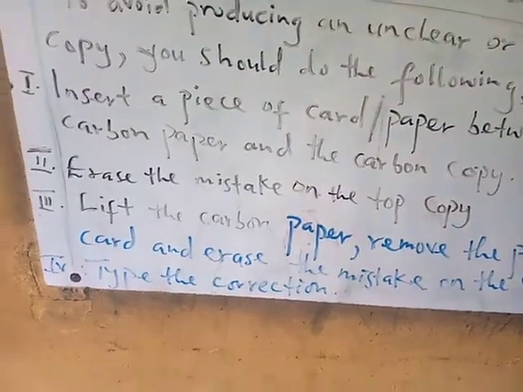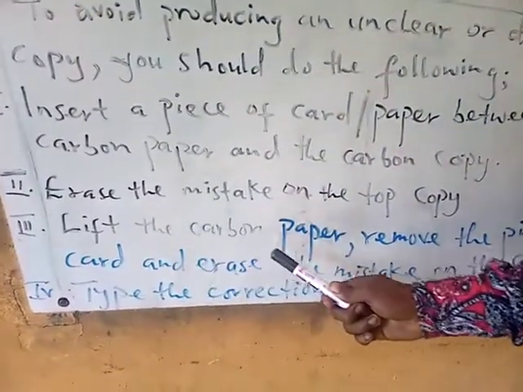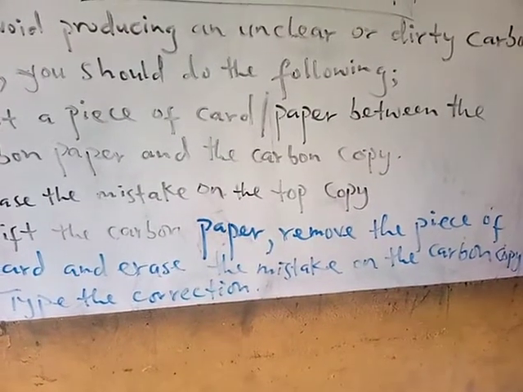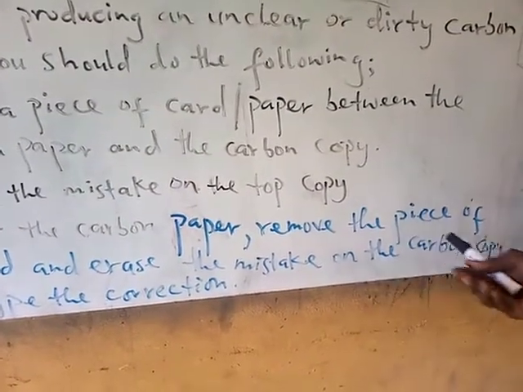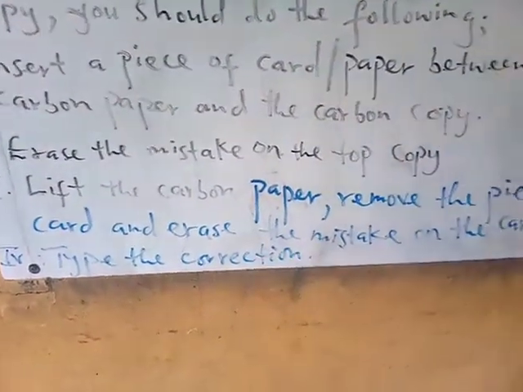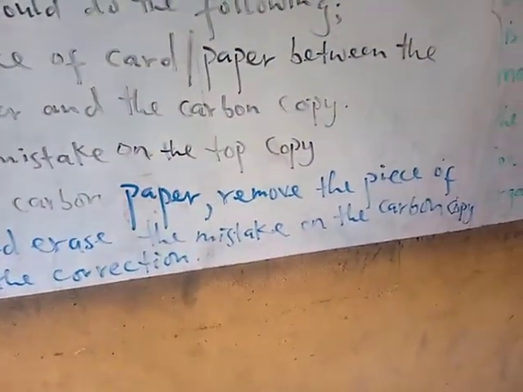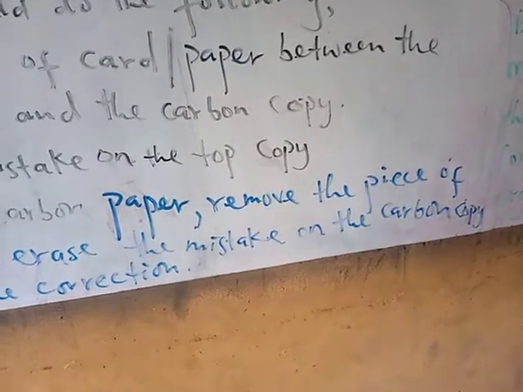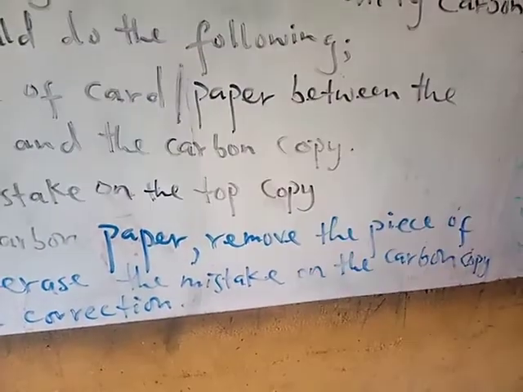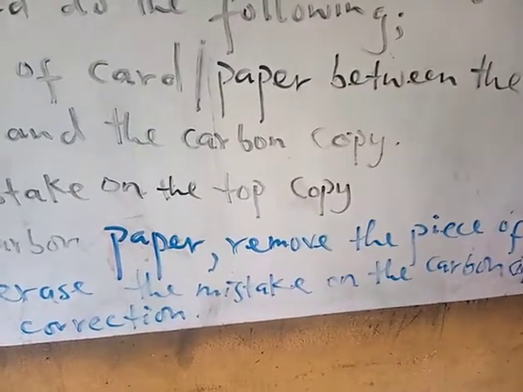Having done that, 3 says you lift the carbon paper. When you lift it, of course you will see the card there. You remove the piece of card. Okay, having done that, you will now erase the mistake on the carbon copy. So 2 forms of erasing. The first form of erasing is the second step: erase the mistake on the top copy.